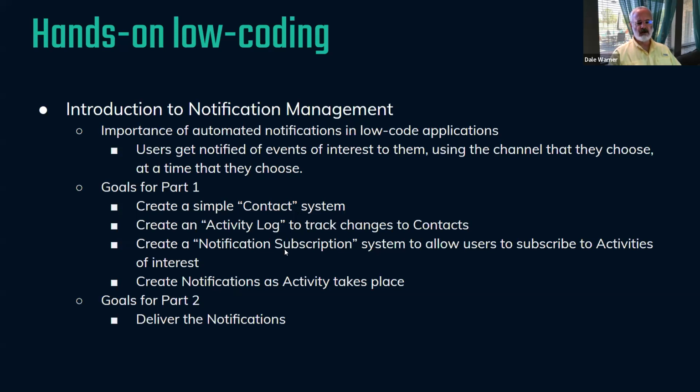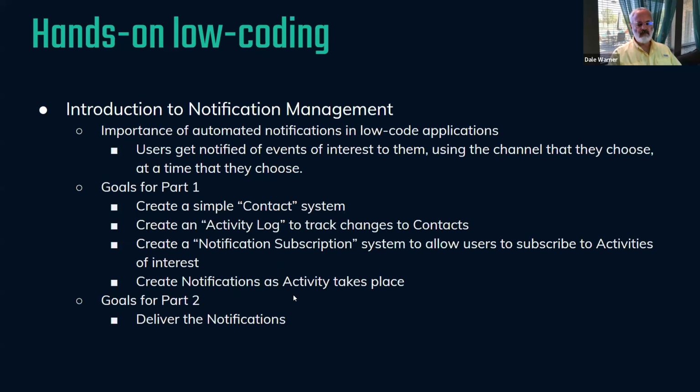We started down the path of creating a notification subscription. So the idea would be that users can sign up and say, I want to get notified when something happens in the activity log. That could be anywhere from I want to know right away to I want to subscribe and get a summary every day or every week or every 3 weeks.